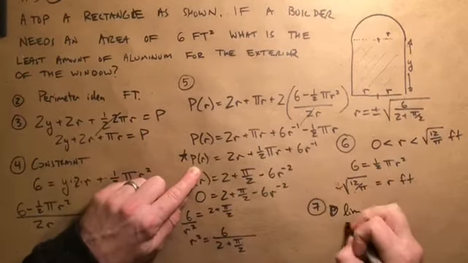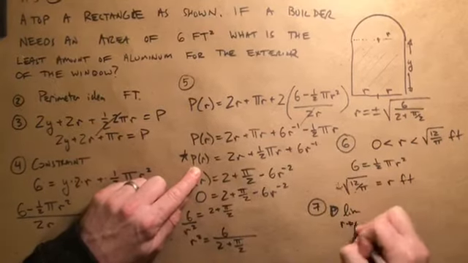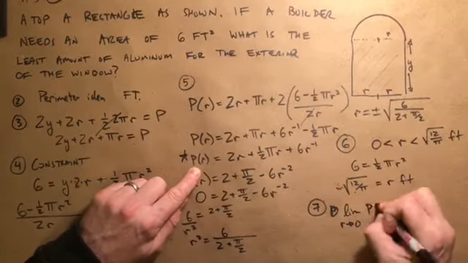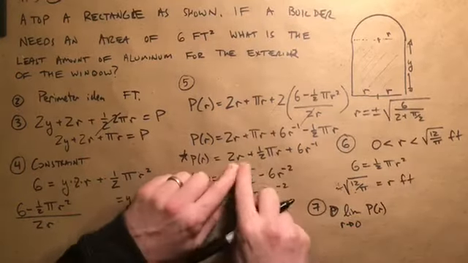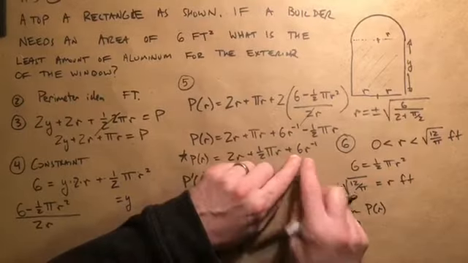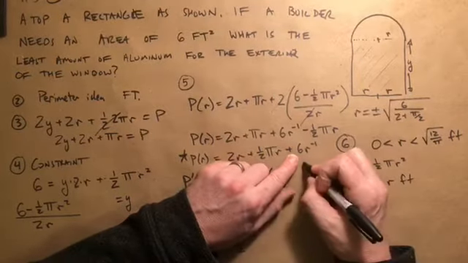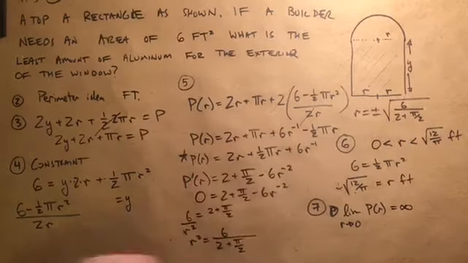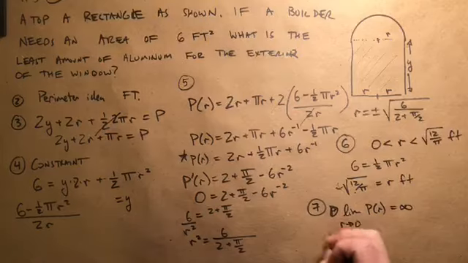I can take the limit as r goes to 0 of P of r. What's going to happen? That piece is going to be 0. This piece is going to be 0. But this piece, that's 1 over r, and so that's going to go to infinity. That's certainly not going to give us the smallest value.